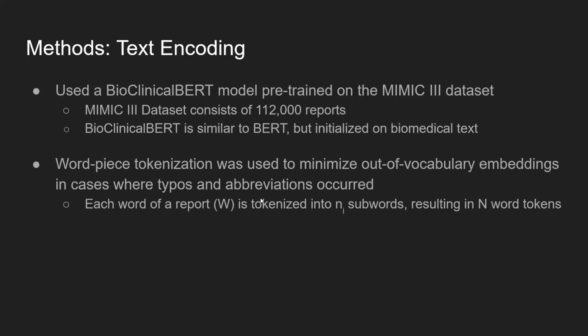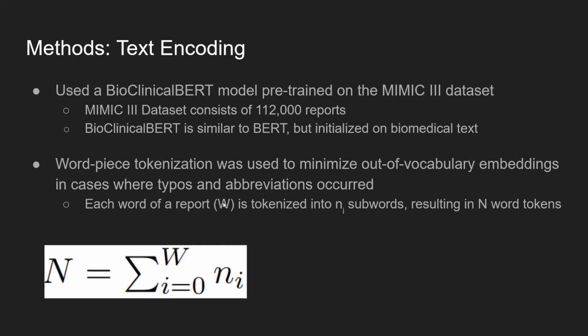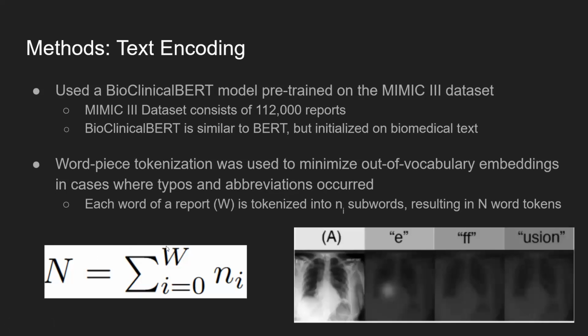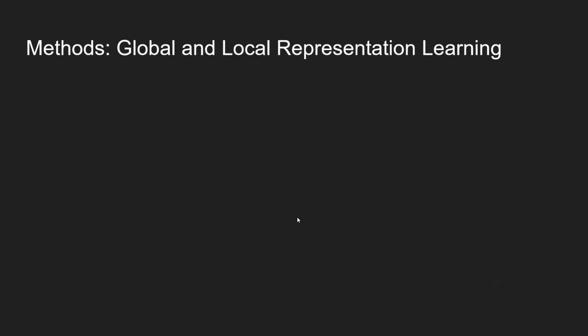Each word of a report W is tokenized into N sub I subwords, resulting in N word tokens, which we can see in this formula here. And then here are what the word pieces actually look like. I will discuss the word pieces in a future slide.